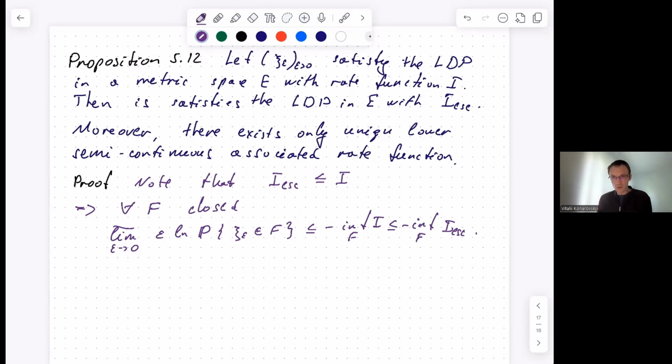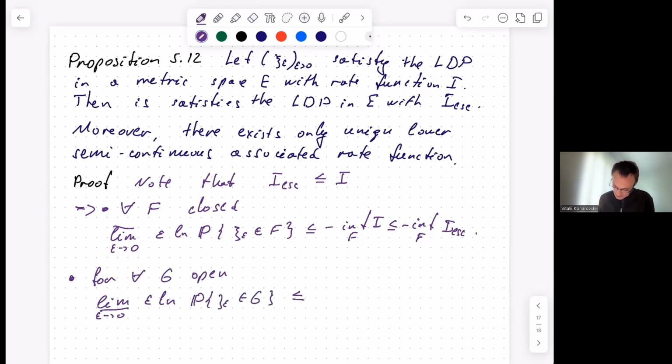Now we need to prove the lower bound. For every G open, we want to show that the lim of epsilon, as epsilon goes to 0, times logarithm of the probability that psi epsilon belongs to G is, I'm sorry, larger or equal than minus the infimum over G of I lower semi-continuous.